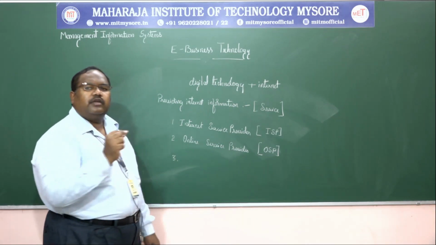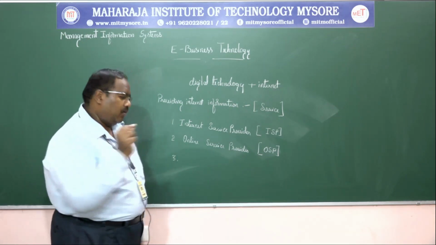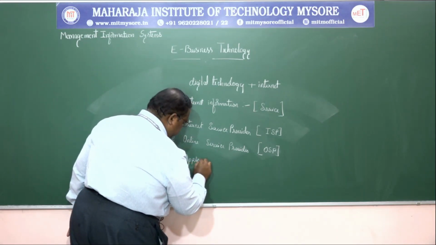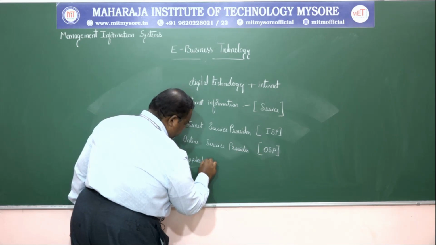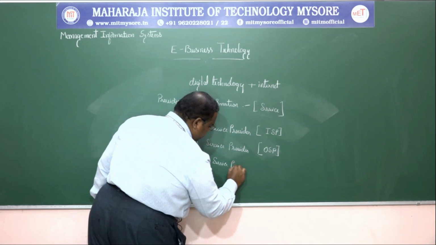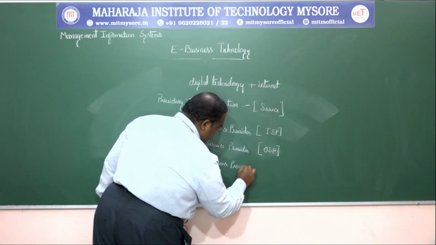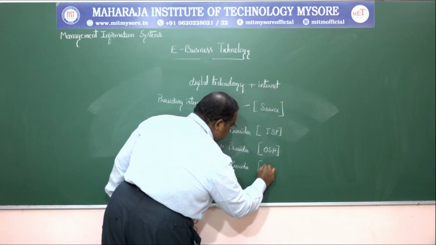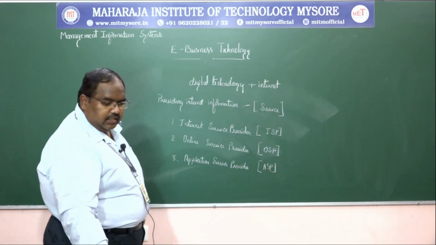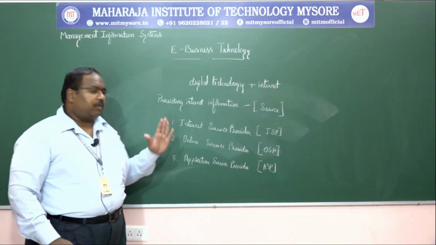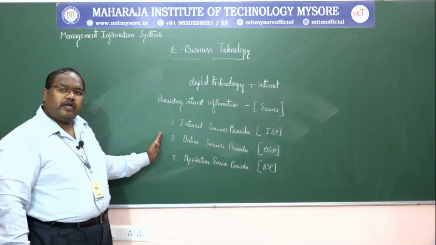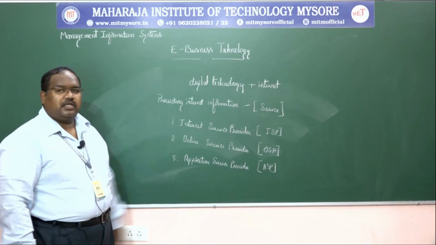And finally, the third one is the application service provider, in short, ASP. So these are the three main kinds of service providers we have. One is the internet service provider, second one is the online service provider, and third one is the application service provider.